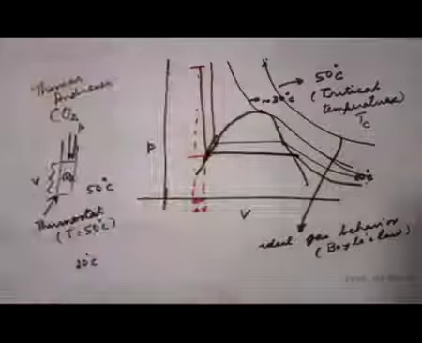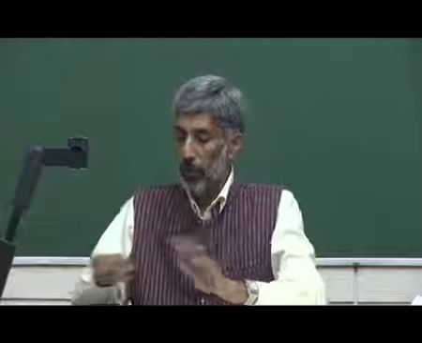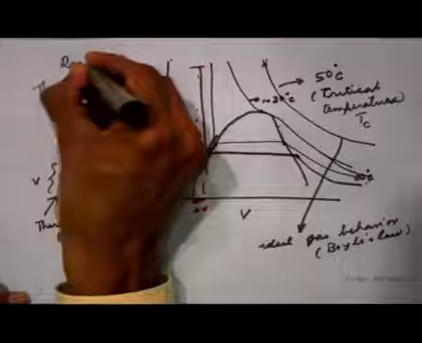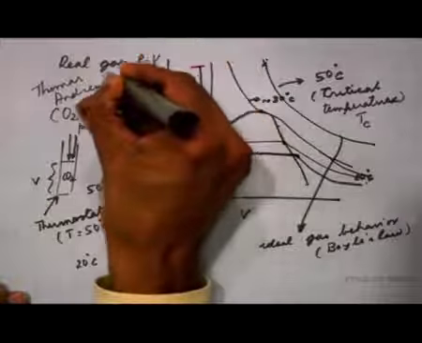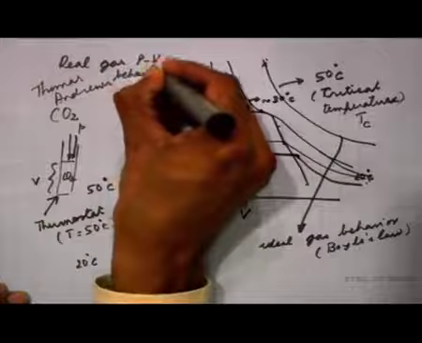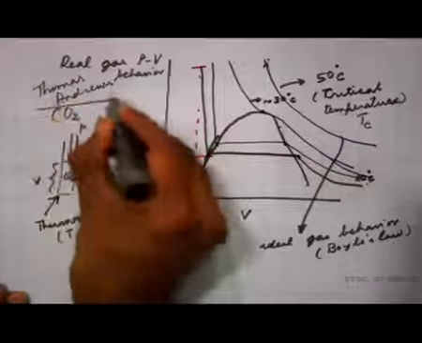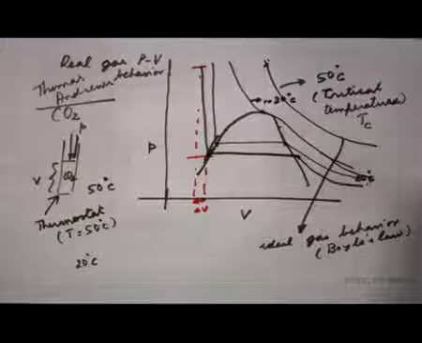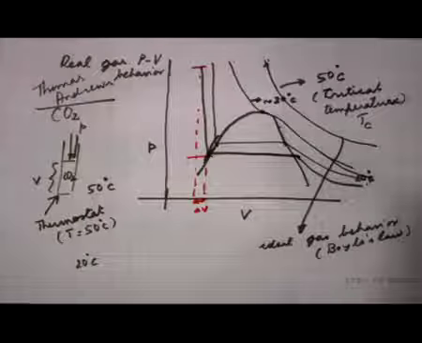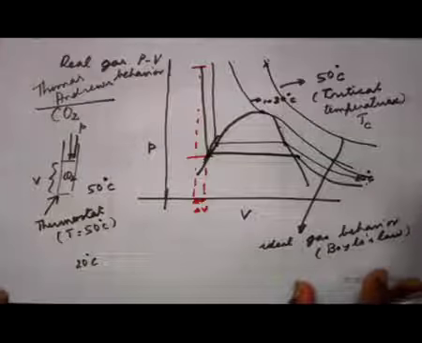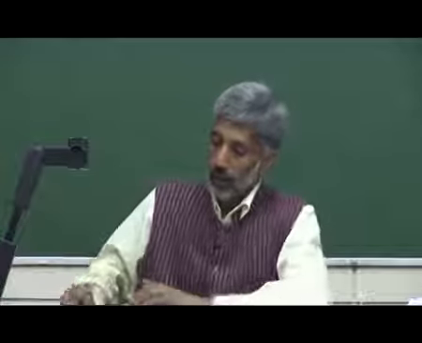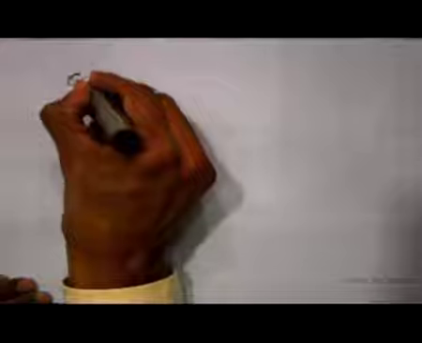So, for real gases, no matter what it is, the PV behavior looks like this, and this was something that was extensively looked at by Thomas Andrews in the 1860s. Okay. Another way of looking at this is by what is called the compressibility factor.